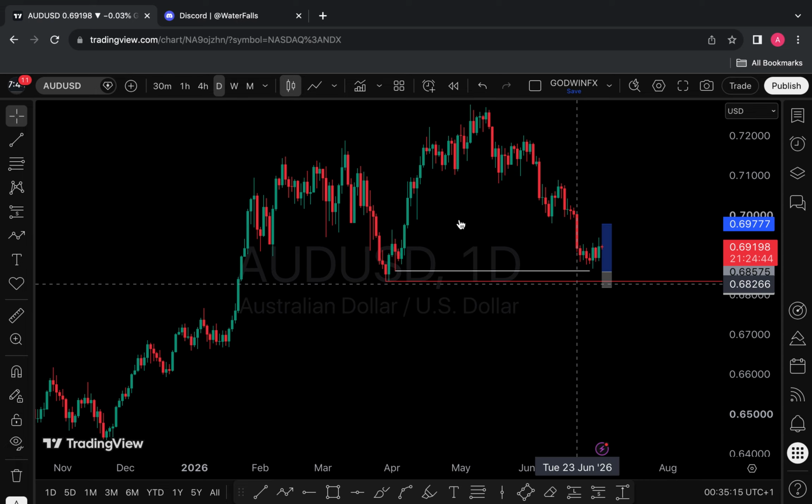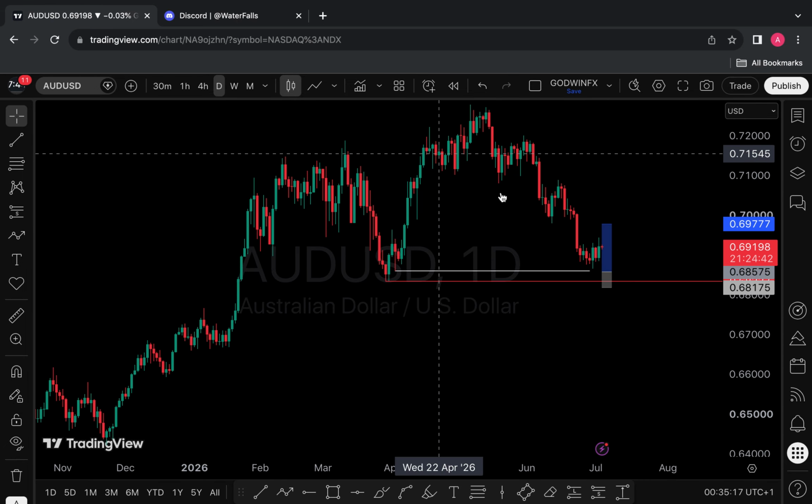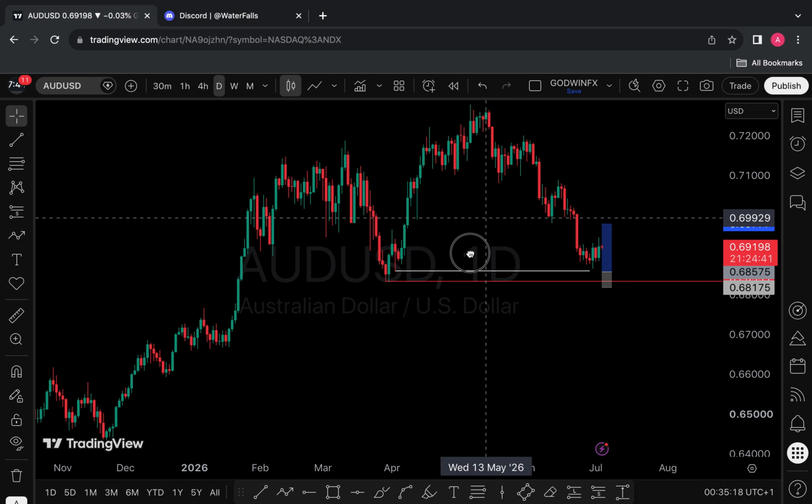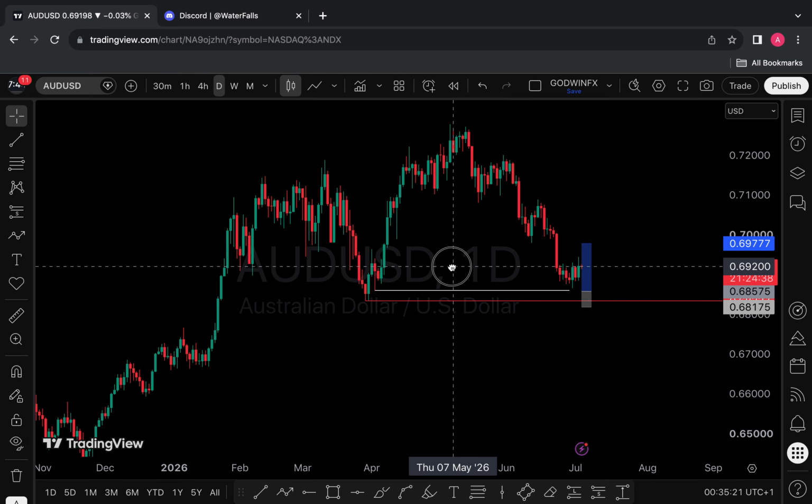Now, on the daily time frame, I want to use it to check my directional bias. In trading, you focus on getting price direction first, right? As I said, you use a higher time frame to get price direction.